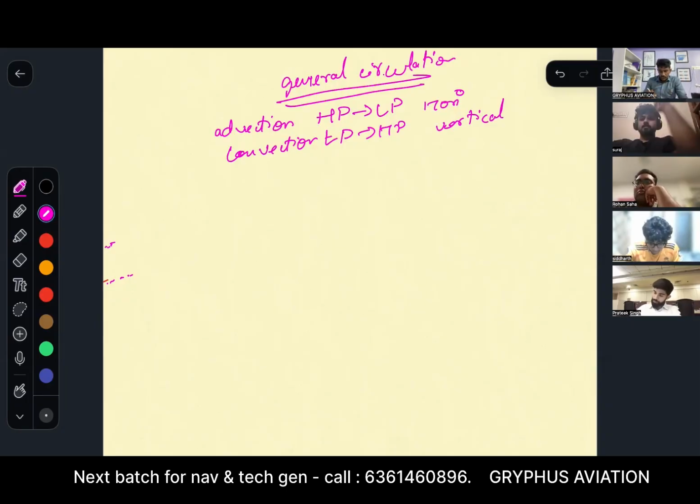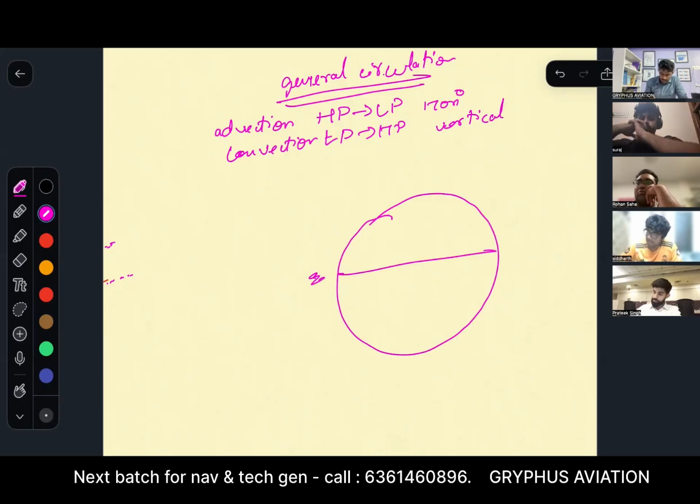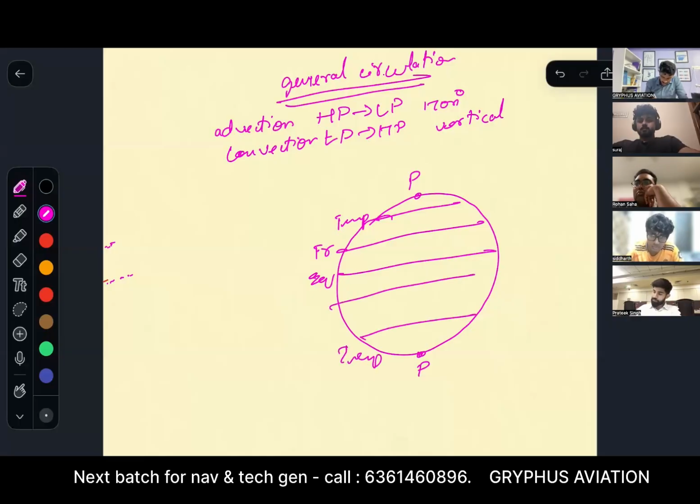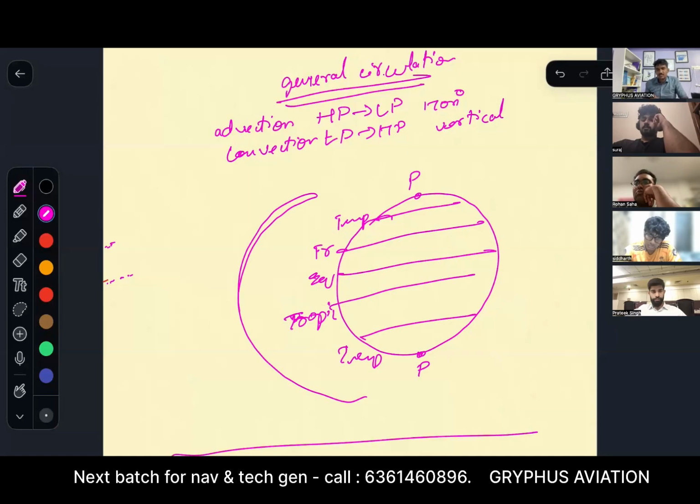Yeah. Now, again, you take an Earth, you have an equator, you have tropics, you have a temperate, you have a pole. You take a pole this side, temperate, and the tropics. Now, instead of drawing it as a circle like this, basically, can I cut this circle and make it straight like this?